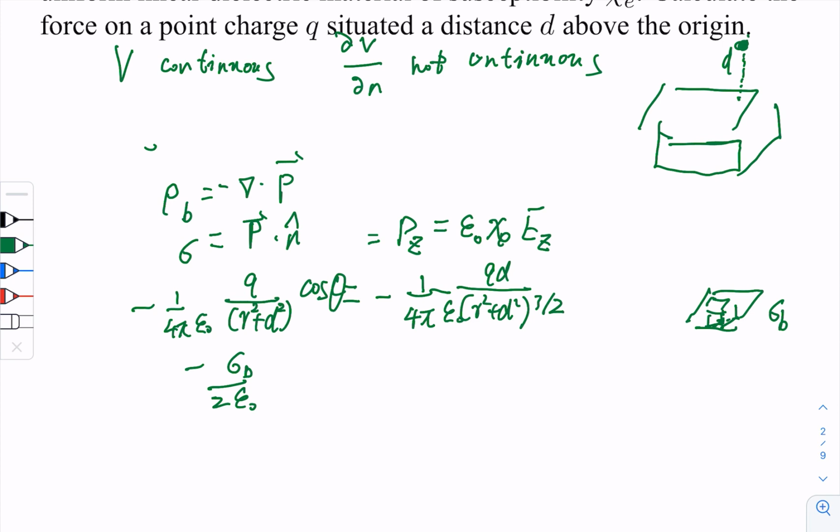You can immediately tell that twice S times the E field should be sigma b times the area S, whereas this E should be sigma b over 2 epsilon naught, and sorry, there is an epsilon naught here.